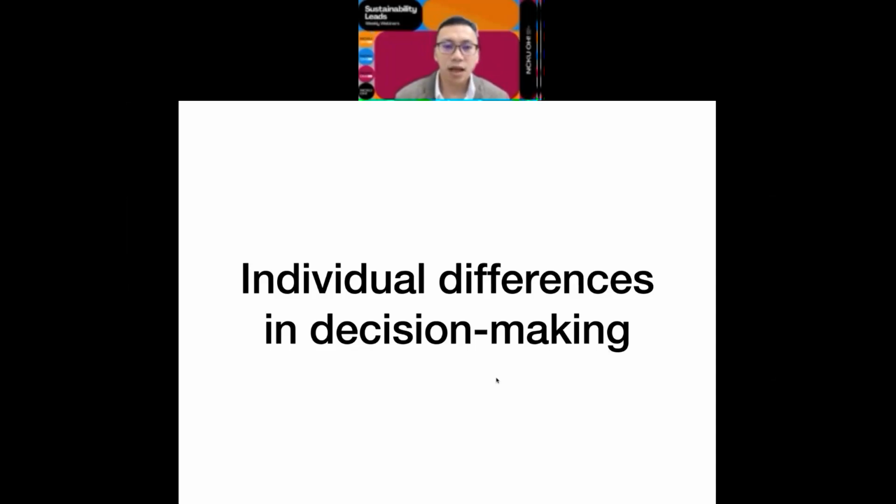And how this processing capacity difference or strategy difference is associated with one's age decline or personality trait or some other cognitive abilities would be very interesting to study.